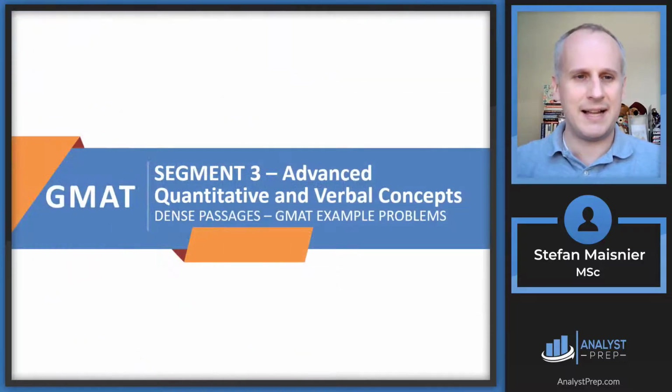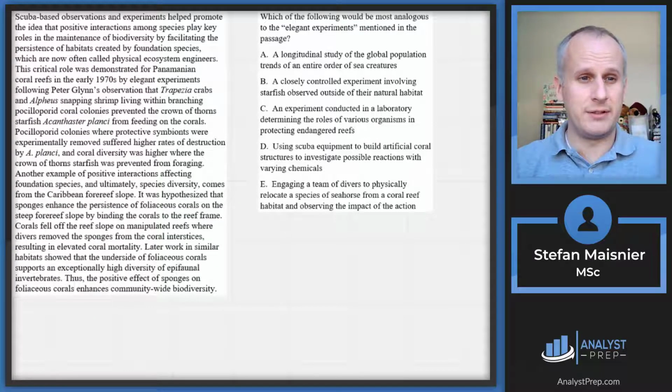So let's hop on over to the whiteboard and take a look at another passage and illustrate once more how to address these denser passages through a detailed passage map. So we've got another dense reading comprehension passage here on the whiteboard, as well as a question.